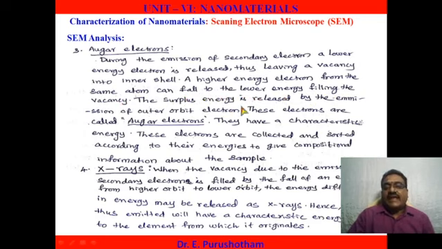The surplus energy is released by the emission of an outer orbit electron. These electrons are called Auger electrons. They have a characteristic energy. These electrons are collected and sorted according to their energies to give compositional information about the sample.